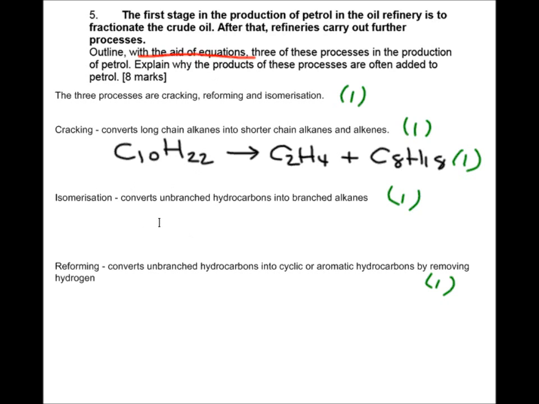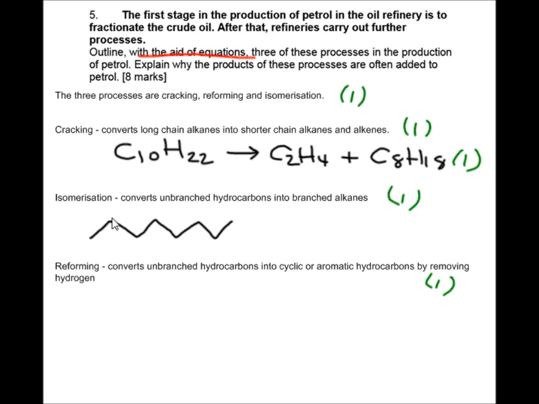Isomerization converts unbranched hydrocarbons into branched alkanes. And again, it doesn't matter whether you use molecular, structural, skeletal, or displayed formula because it's not specified in the question. So as long as you've given an equation and the molecule's right, you should get the mark. So for example, here I've used skeletal formula.